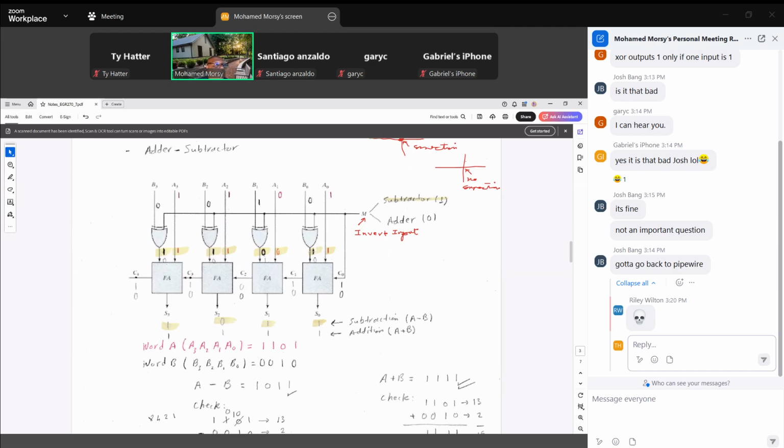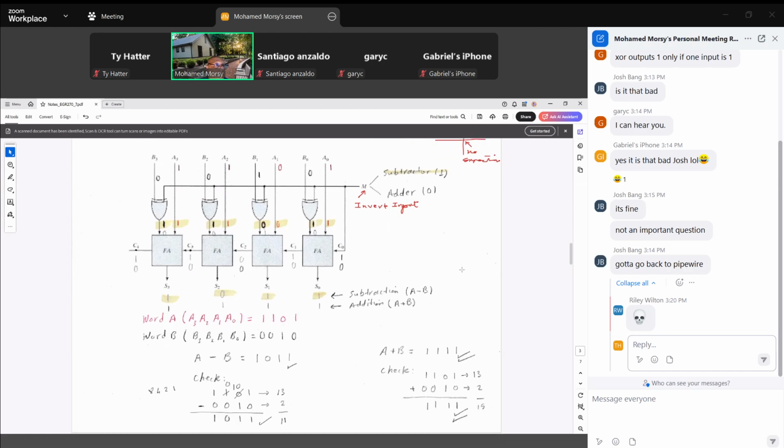These are now the outputs of the exclusive OR, which are one of the inputs of the full adder. The other input for the full adder comes directly from the A word. So we have 1, 0, 1, 1.